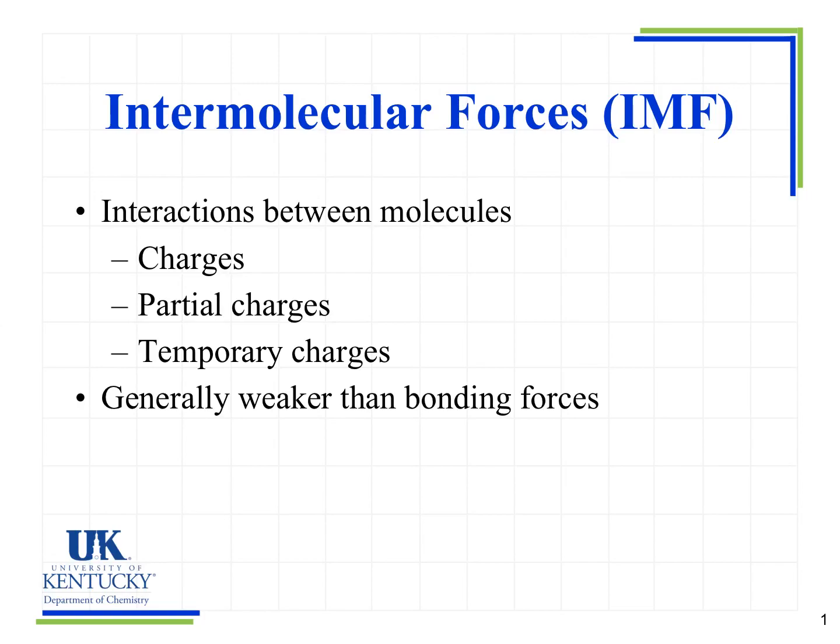So even in nonpolar molecules, we can get a temporary distribution of charge. Now, these are typically weaker than bonding forces. When we look at some very large molecules, the cumulative amount of those intermolecular forces can become quite strong. But when we're looking at just a single attractive force, it's always going to be weaker than any single bond.